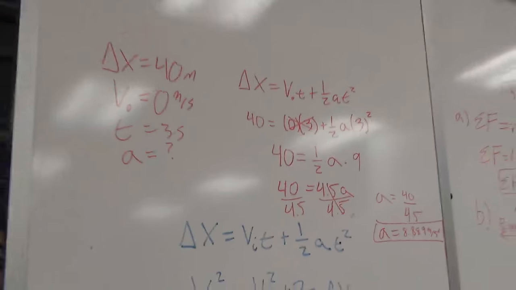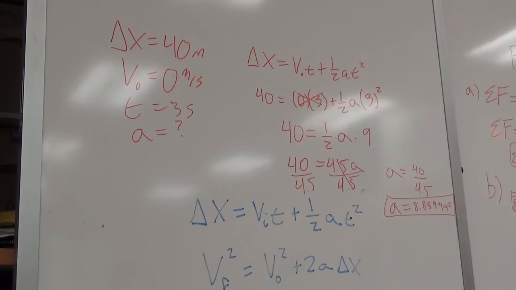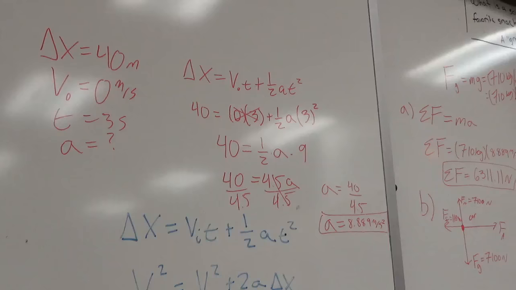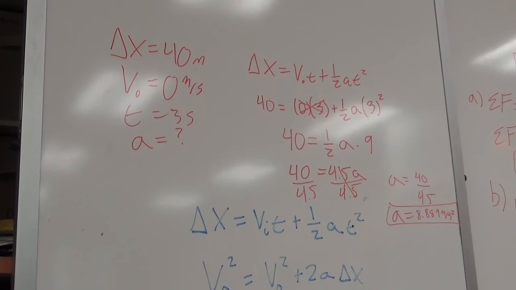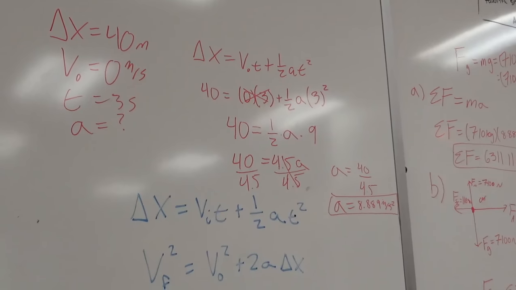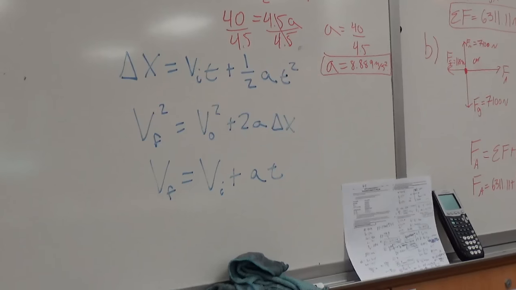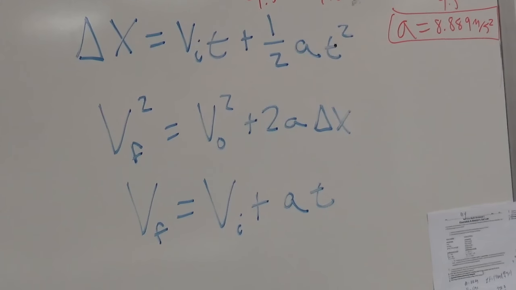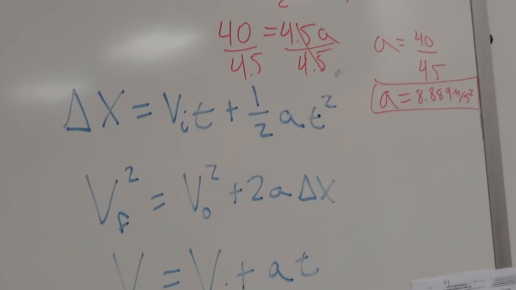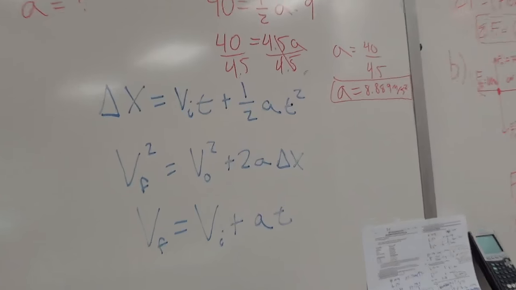So we looked at what we got: the displacement, initial velocity, and time. We're finding acceleration. We selected the equation out of our set of equations. I do realize we're missing one, but it's one that we don't use that often.